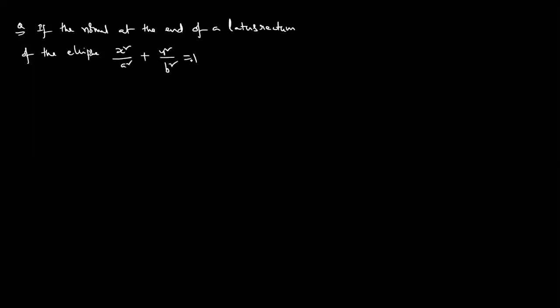The normal at the end of a latus rectum of the ellipse x square by a square plus y square by b square is equal to 1 passes through the extremity of a minor axis.